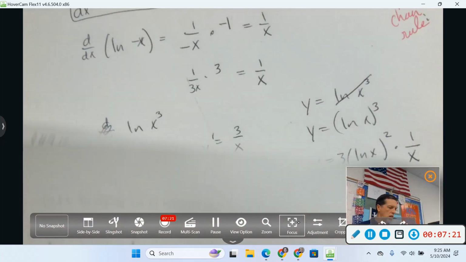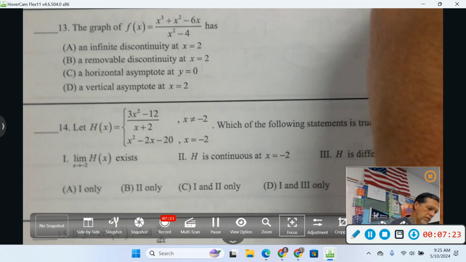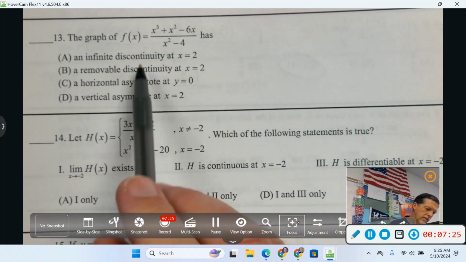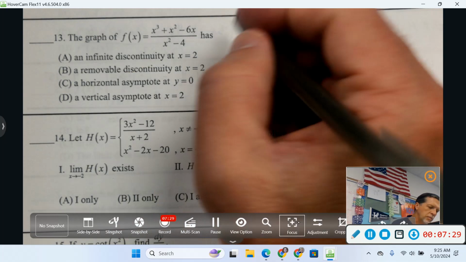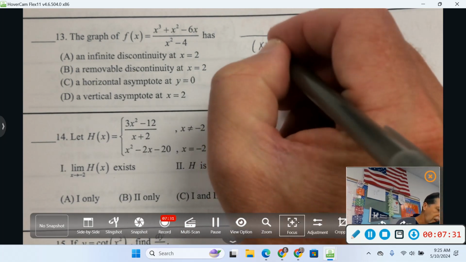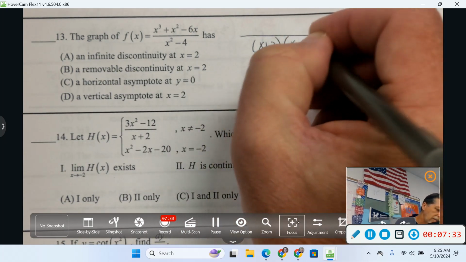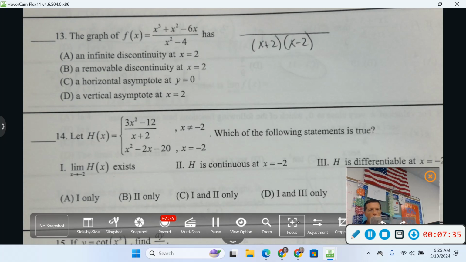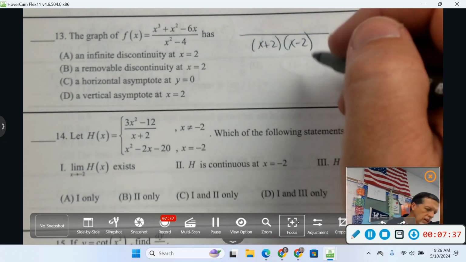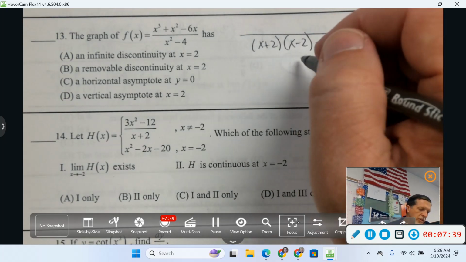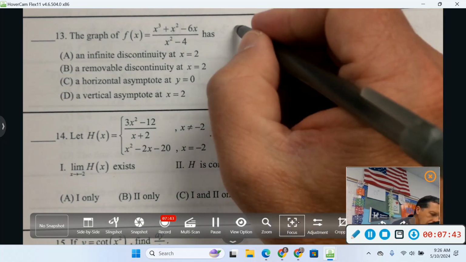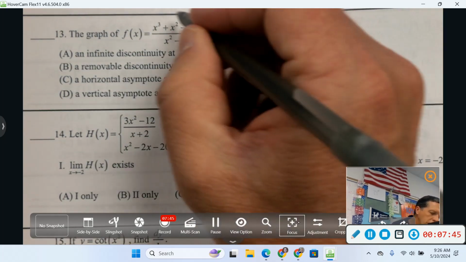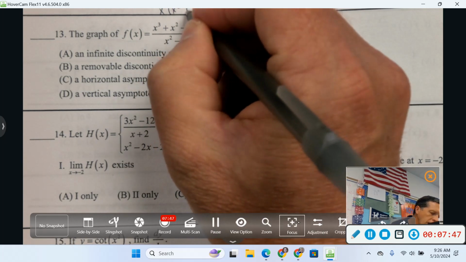Number 13. Graph has, okay, so now we're thinking about things in the bottom. I think I want to factor this thing. Definitely factor the bottom. So something's going on at 2 and negative 2. I probably need to factor the top as well to get the details here.